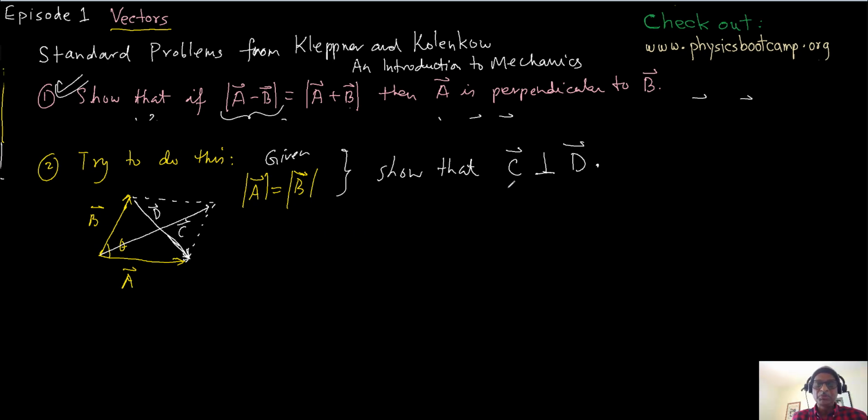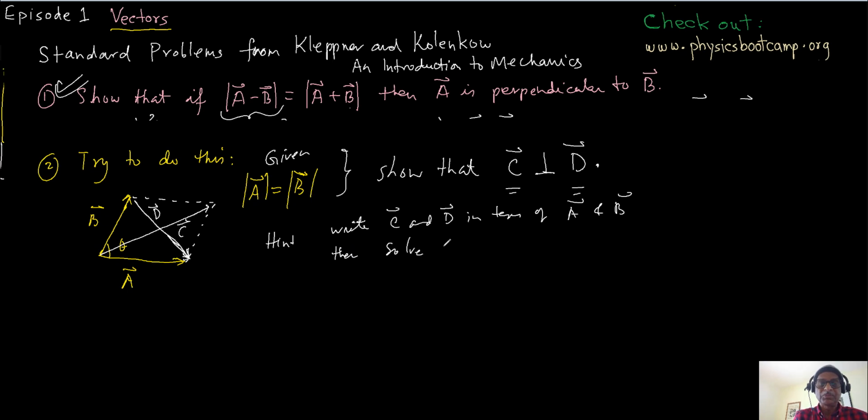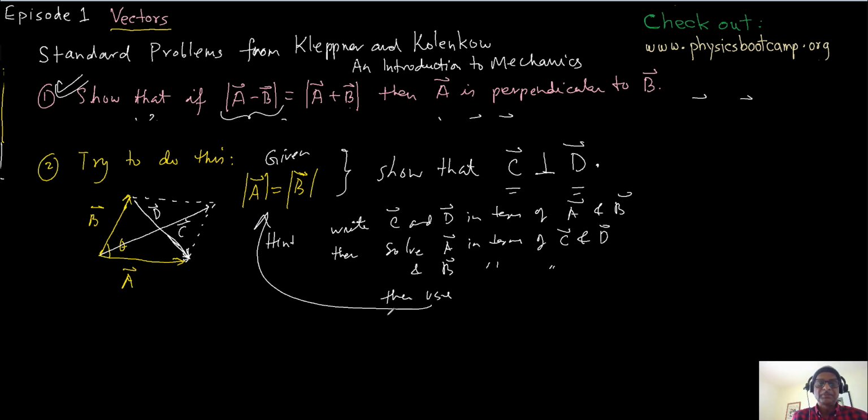Here you would be able to write C in terms of A and B and D in terms of A and B. So the hint is: write C and D in terms of A and B, then solve for A in terms of C and D and B in terms of C and D, and then use this and use that, and that will be the answer.